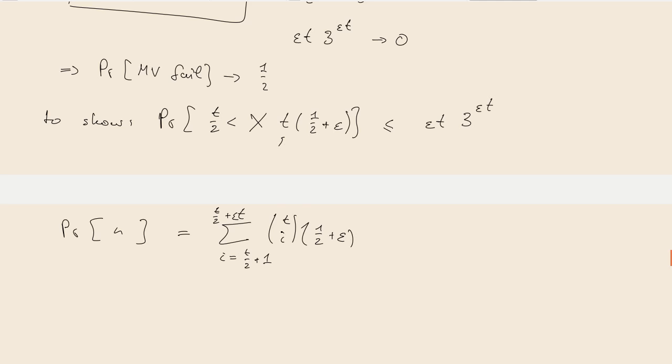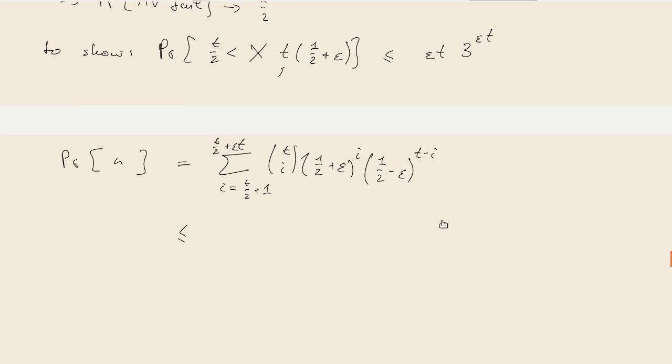The number of ways to pick I elements from t. Probability that exactly I of them are successes and all others are failures is given by that. That's just by definition.